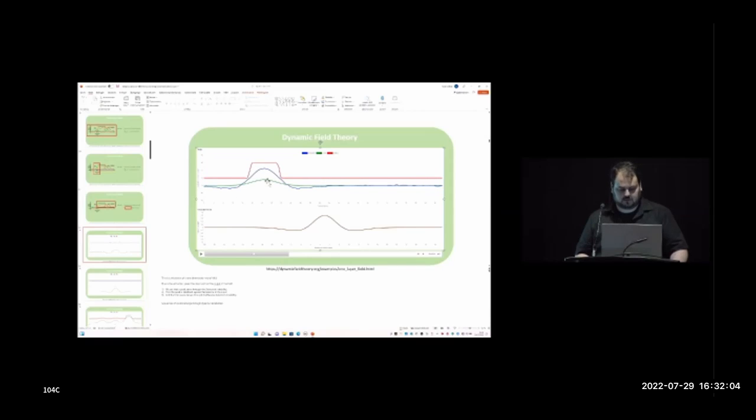For example, now the input is below the threshold, and still the peak doesn't decay. Only when the input disappears will the peak decay. These two instabilities, the detection and the reverse detection instabilities, are at the origin of sequence generation in DFT.